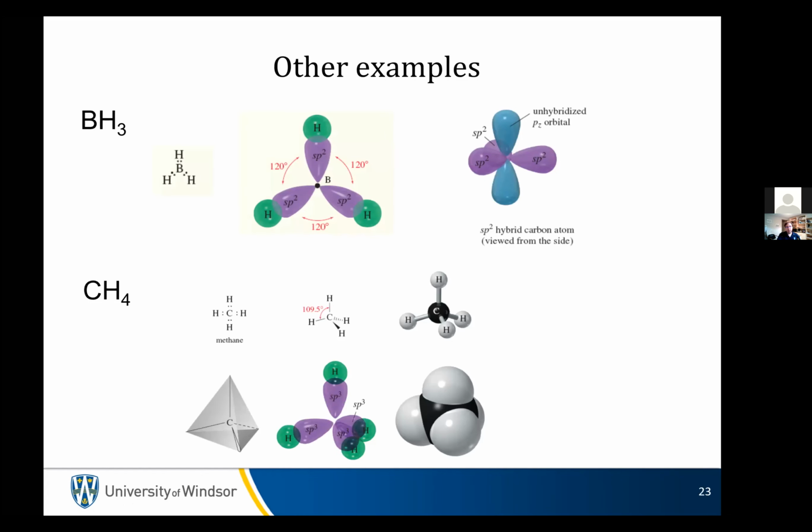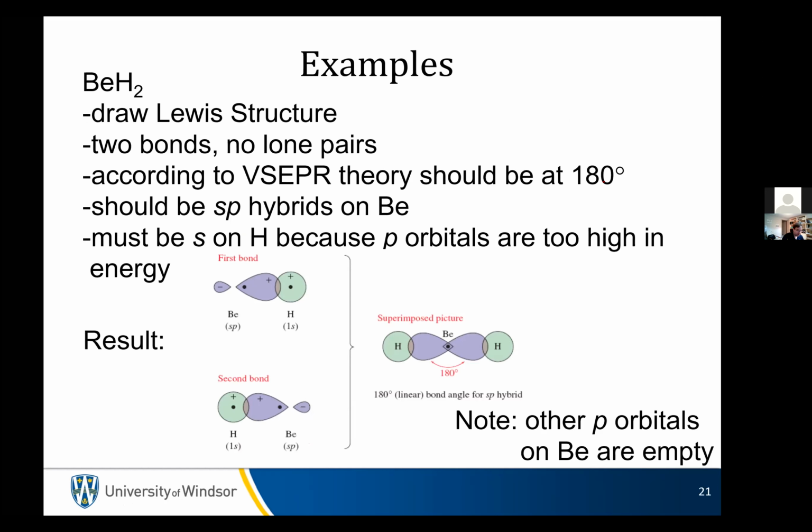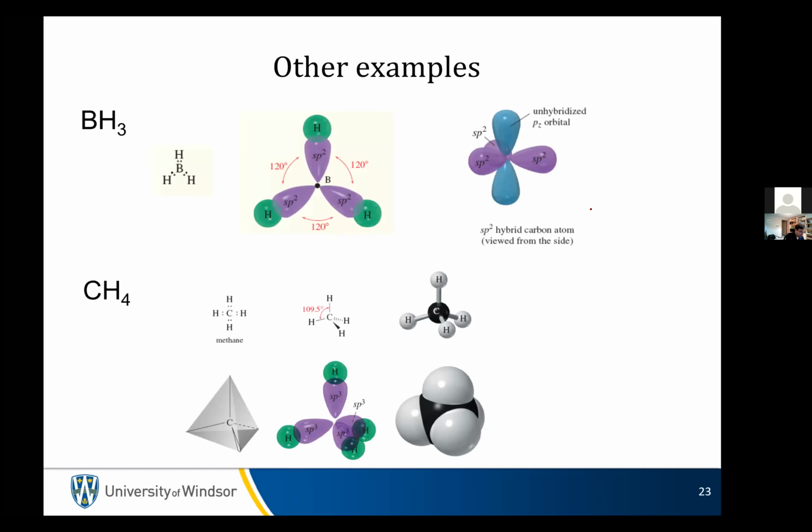We can go to something that is actually a real molecule that is useful, which is borane. Boron is a second row element. It has p orbitals. It's the element before carbon, right? So boron, 1s is filled, 2s is filled, and then 2p, it's got 1 electron.